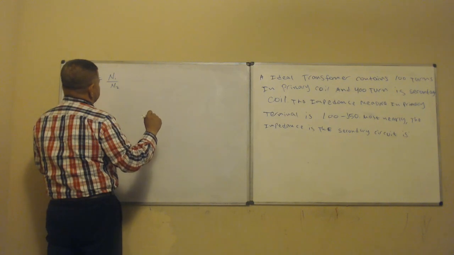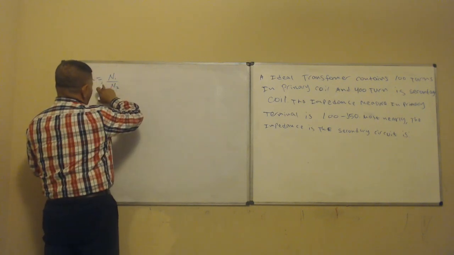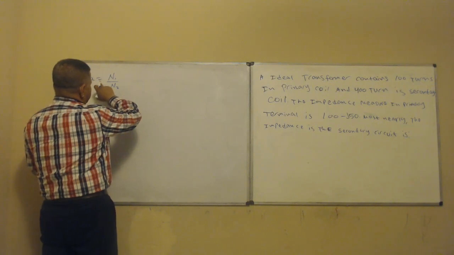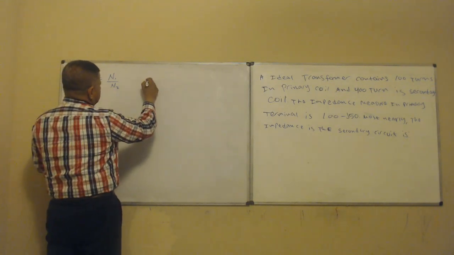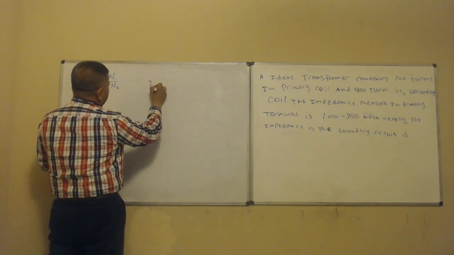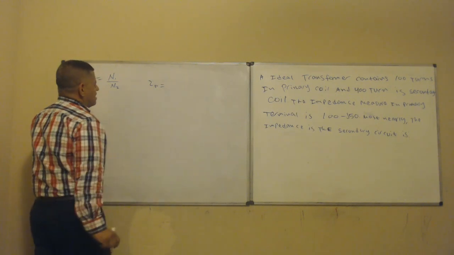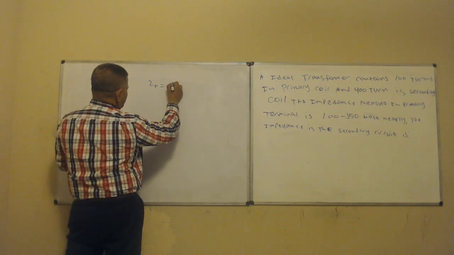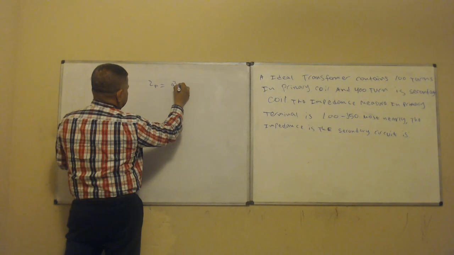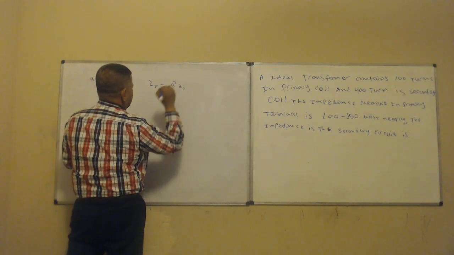Also we know that Z primary is equal to A squared times Z secondary.